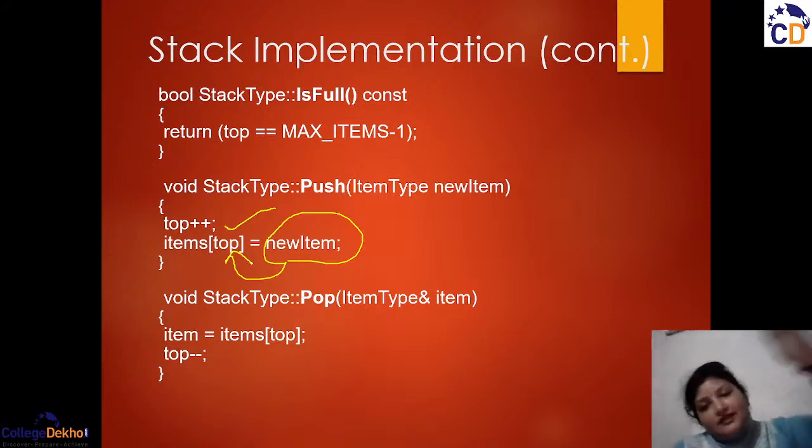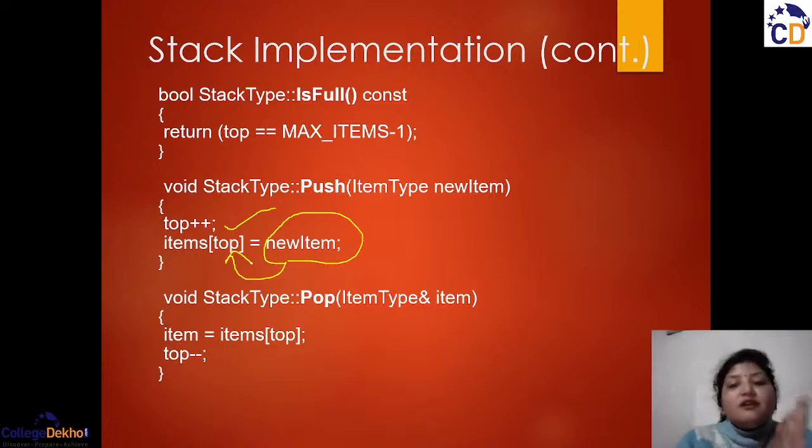And if you are adding one shirt to your stack, you are adding something to that stack. So when you are pushing into the stack, you are incrementing the top pointer, right?